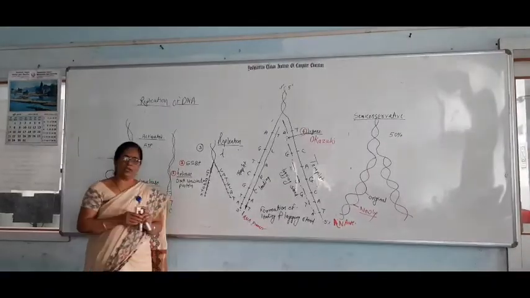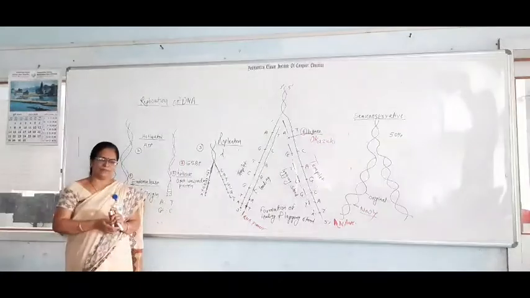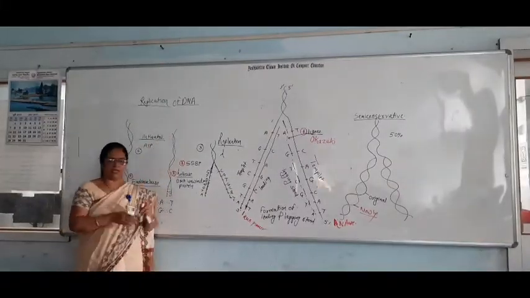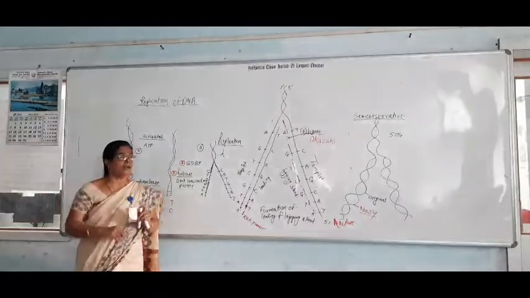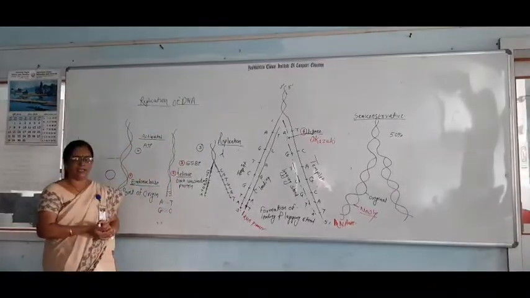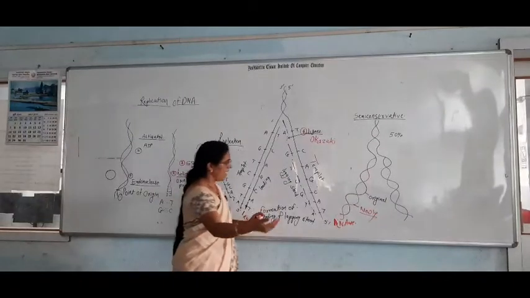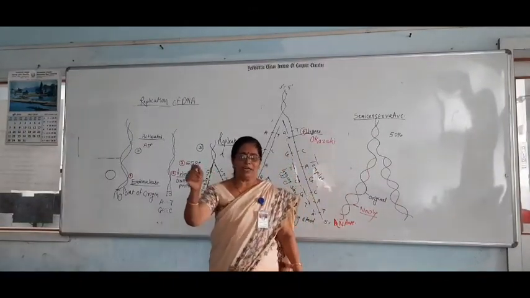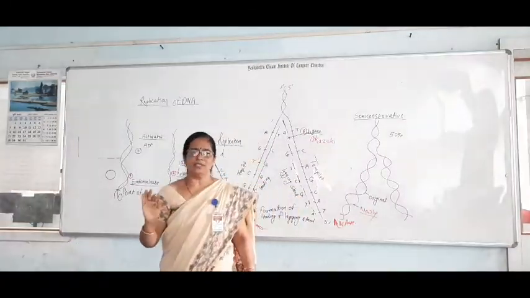Third question: what are the steps involved in the replication of DNA? And the last question: why is DNA replication called the semi-conservative method?